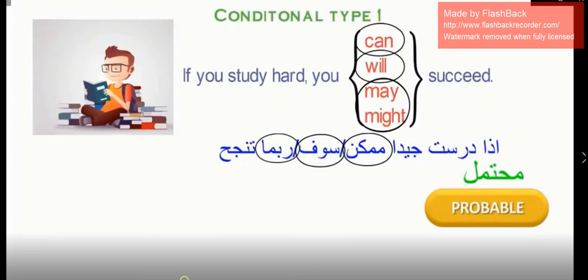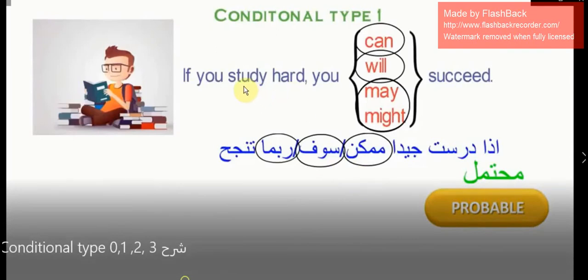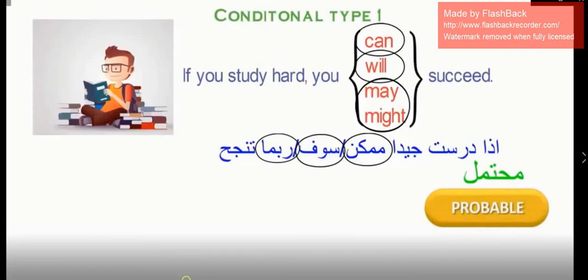Now, when do we use the first type or type 1 for probability, things that can happen. Can happen if you do the condition in if clause. The second verb in the main clause will happen. يعني لو درست كويس، لو ذاكرت كويس، ايه اللي هيحصل؟ هتنجح في الحالة دي. او لو ده المعنى المقصود استخدم type 1 not 0.